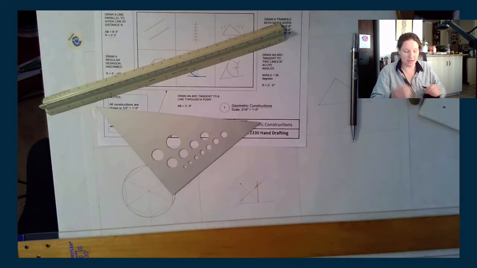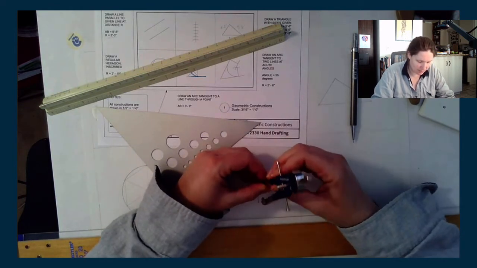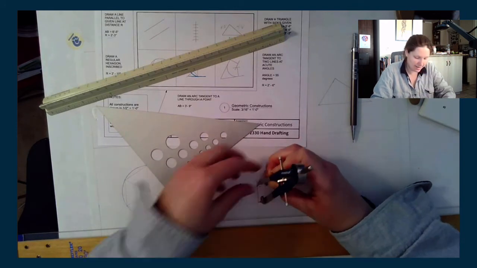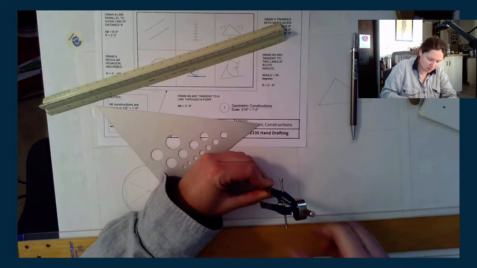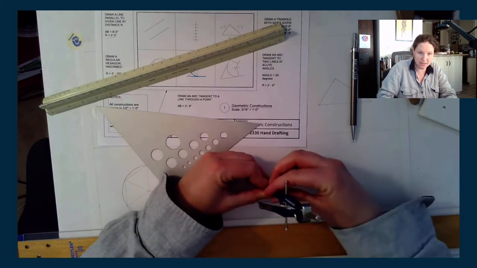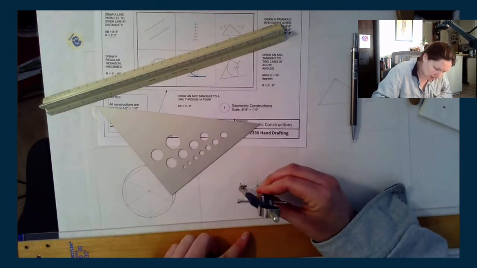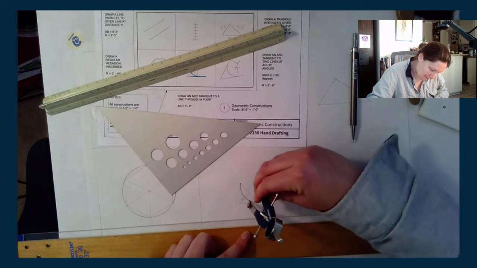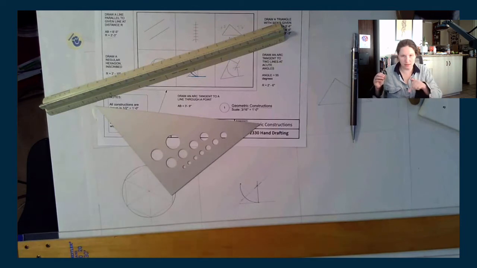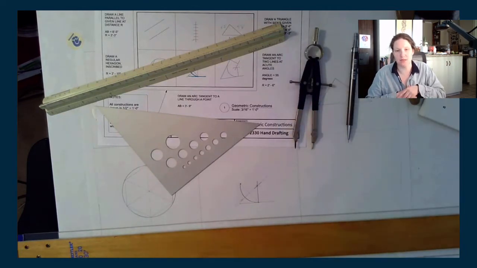Now, I take my compass, I place the point of my compass at that intersection, I set the beam of my compass so that it lines right up with either my point up here, right? Or my line. And I use that to create that perfect tangent to that initial line, okay?